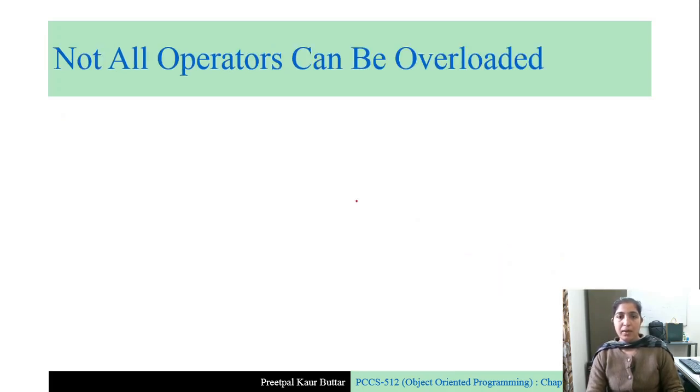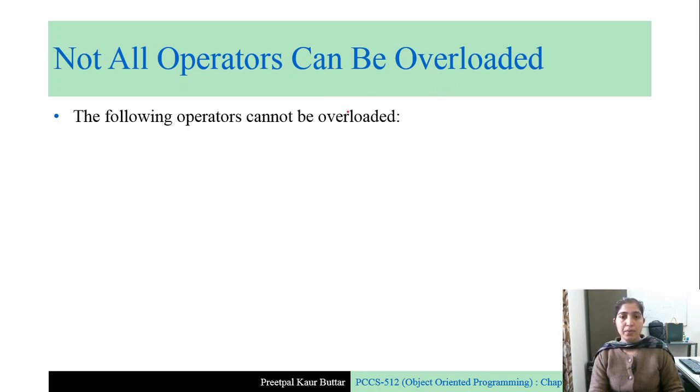Okay, and there is also another restriction on certain operators which cannot be overloaded. So what are the operators which cannot be overloaded? The member access or dot operator. Where do we use this dot operator? We use this dot operator to access the member of a class.